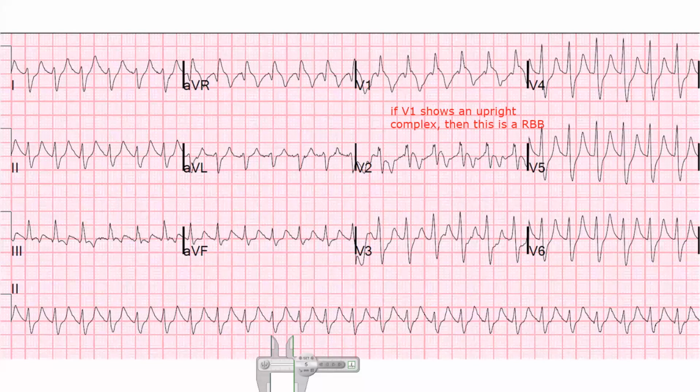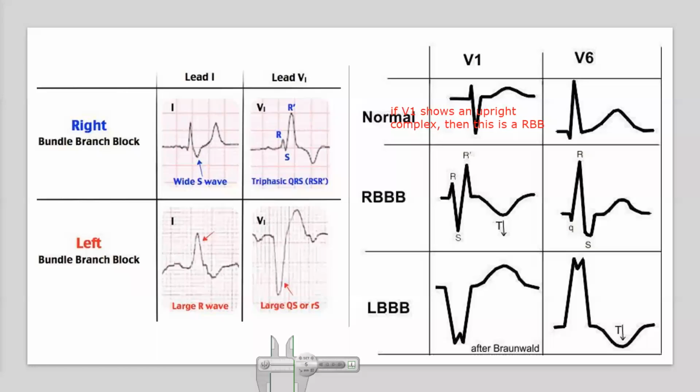Okay, so in summary, whenever we are looking at a widened QRS complex, we must always make it a habit to look at lead V1. You could look at V6 as well, but as I said, we're only going to use V1 for simplification purposes.